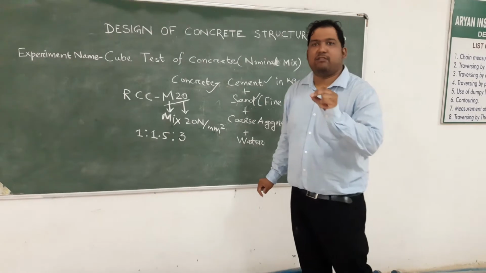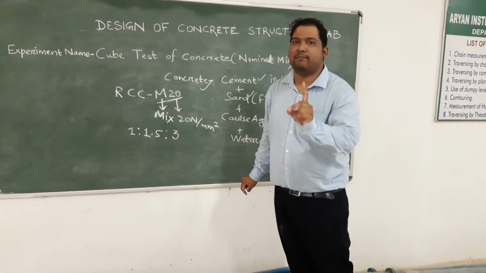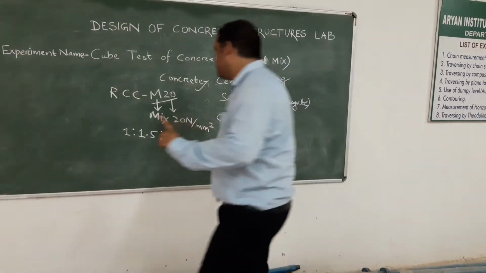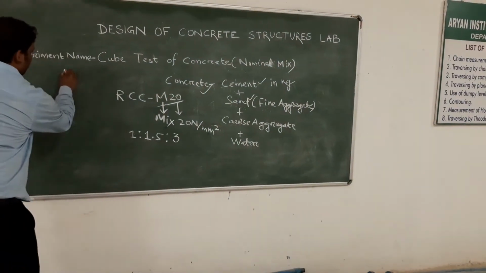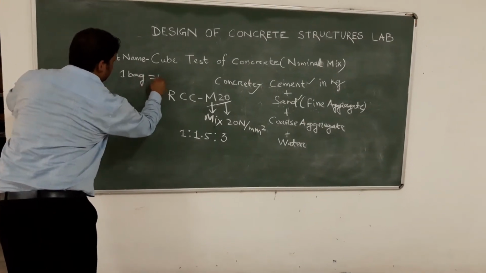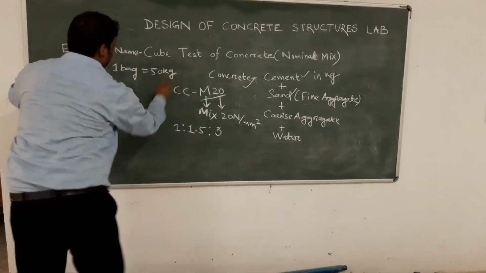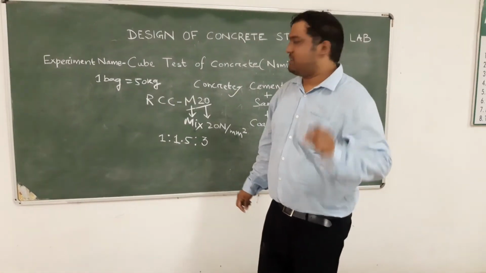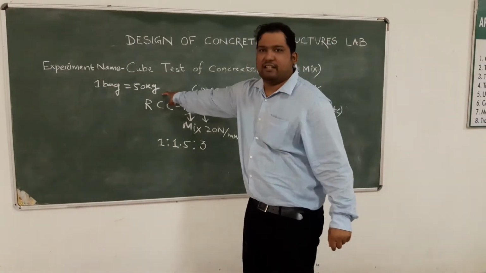Suppose I take one bag of cement. One bag of cement has a mass of 50 kg.